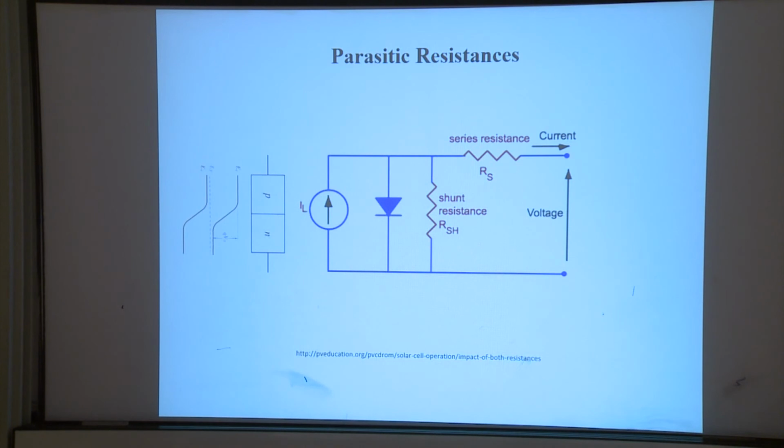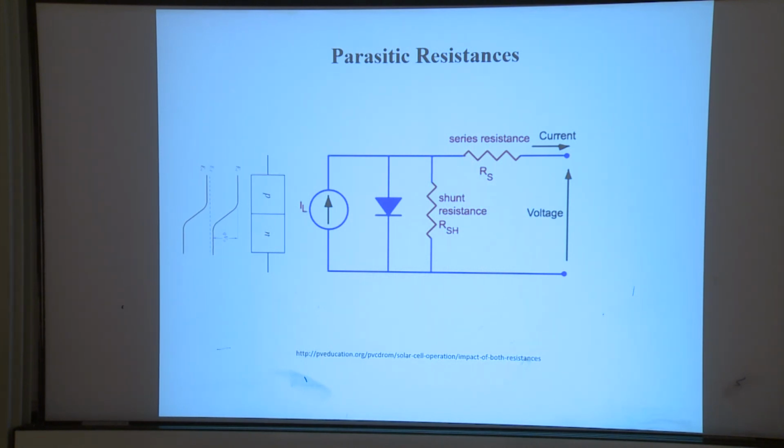They always come with solar cells, but we want to estimate how large or how small the values are. So do we want the shunt resistance to be as big as possible or as small as possible? For shunt resistance.